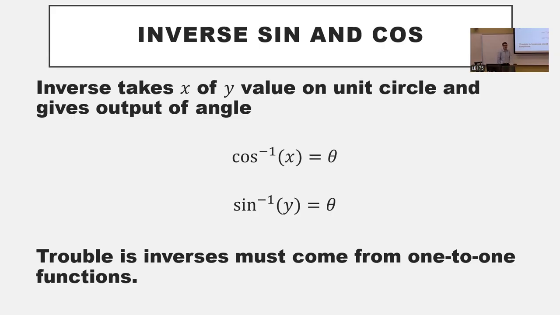Now the trouble is that inverse functions, as we saw way back in unit 1, come from one-to-one functions. And we know that sine and cosine are not one-to-one. They're periodic, so we have this repeating pattern. So they're not one-to-one. And that's because of coterminal angles.